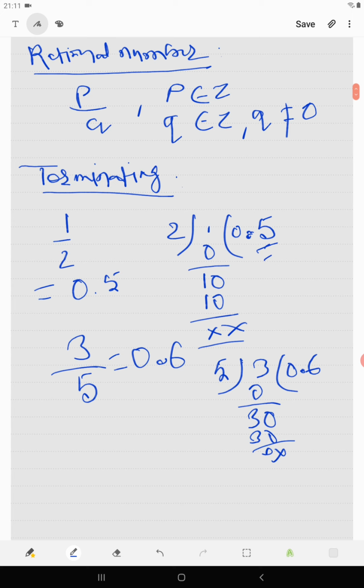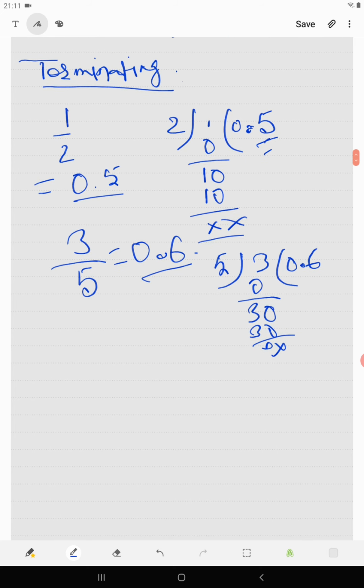So you can see in both these examples, when dividing, it got terminated after a digit. So this type of fractions are called terminating fractions.